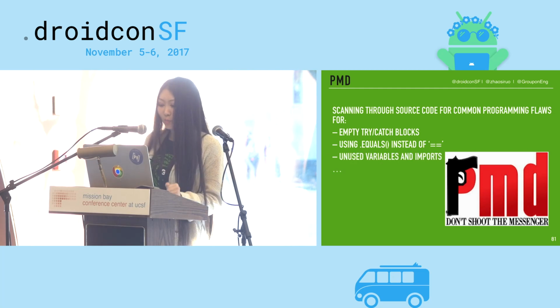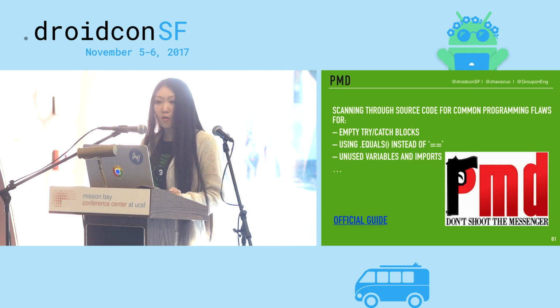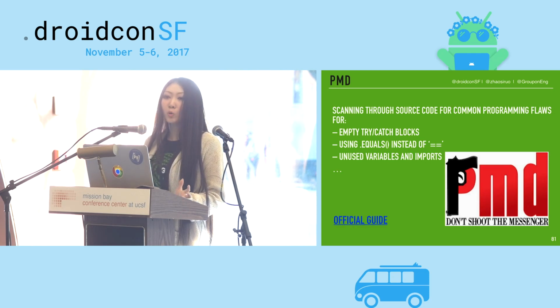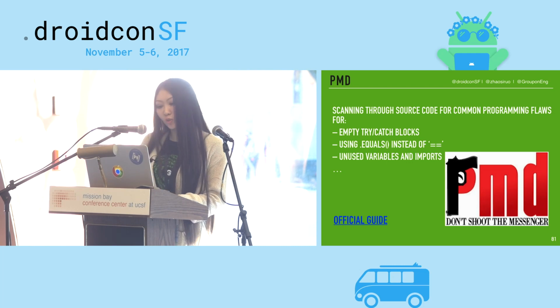And this is really important: PMD is quite powerful as it is actually a multiple language tool. It supports 8 languages, including Java, JavaScript, and XML, etc. So you know why we're using it for Android, because we use both Java and XML, right?